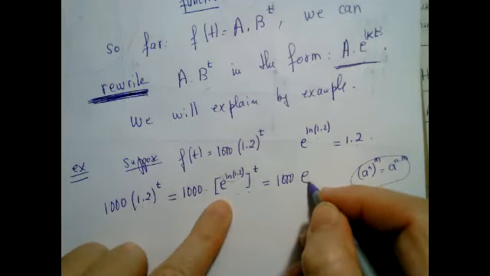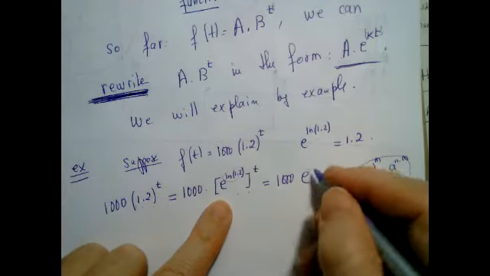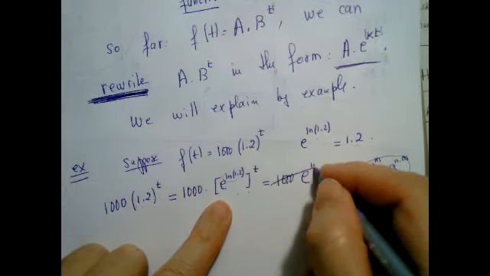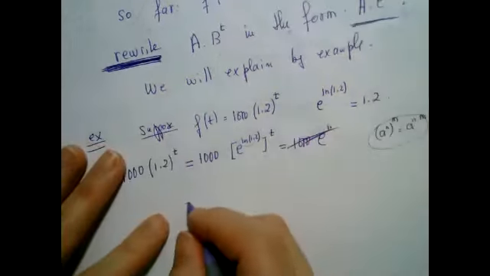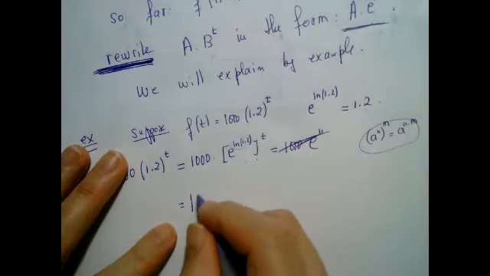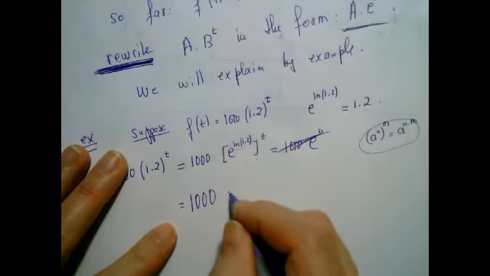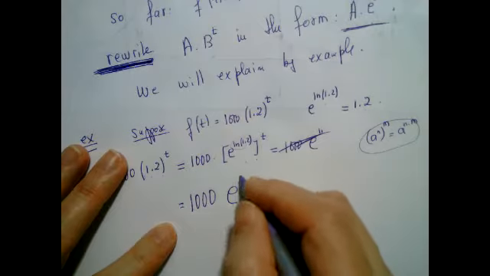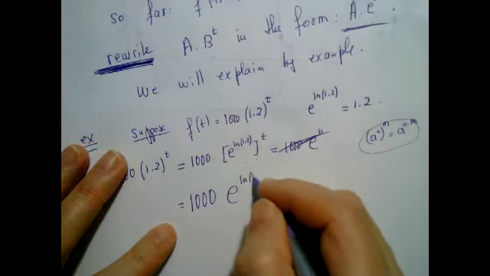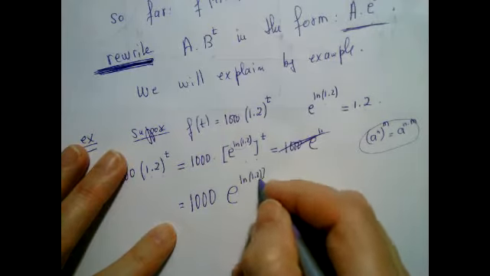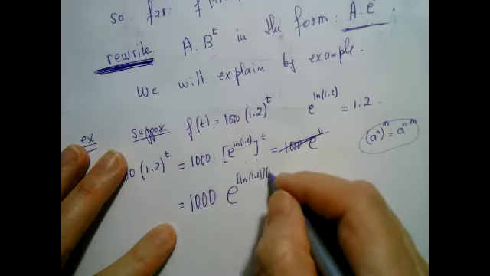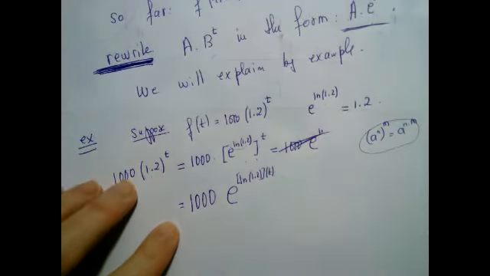That's the same as e to the power ln. I'm going to write it here clearly. So that's the same thing as 1,000 times e to the following power, ln of 1.2 times t.